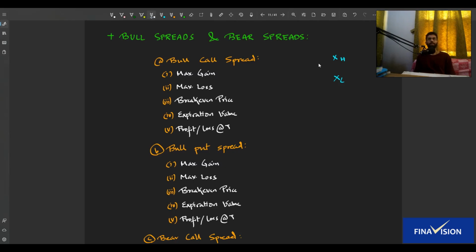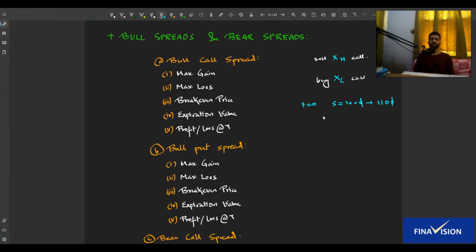So let me write here: you buy the lower strike price call and you sell the higher strike price call, right? Let's say at t equals 0, you are looking to get into a bull call spread. Let's say a stock is right now priced at $100. You think this price is going to go up to $110, right?